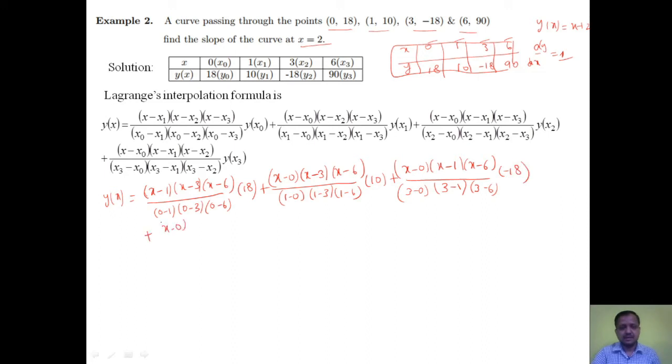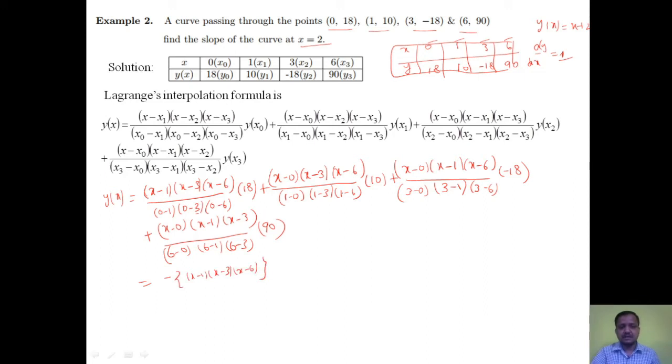x minus x0, x minus x1, x minus x2, divided by x3 means 6, 6 minus 0, 6 minus 1, 6 minus 3, into y at x3 means y3, that is 90, right? So after simplification in the denominator part here we are getting minus 18, minus 1, minus 3, minus 6, minus 18, here plus 18 means minus of x minus 1, x minus 3, x minus 6.